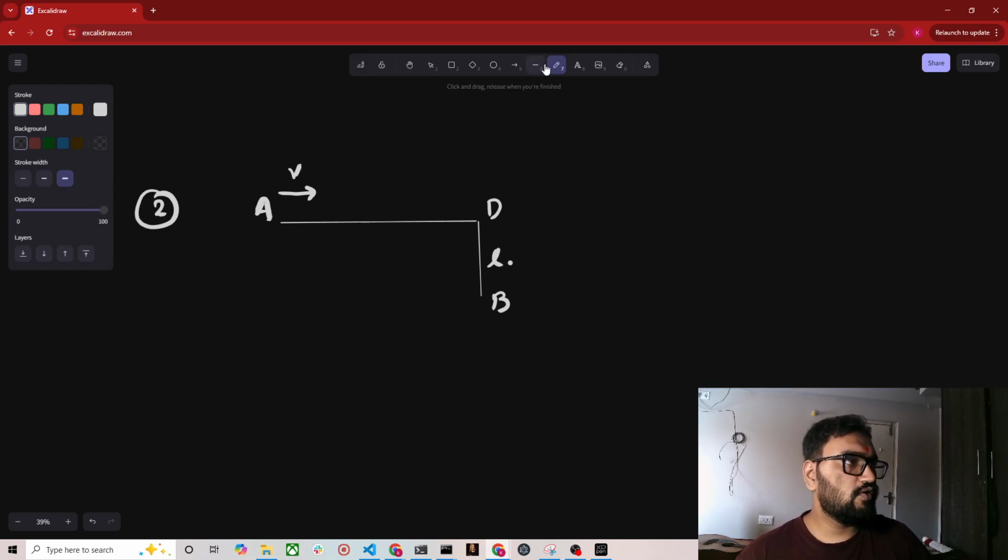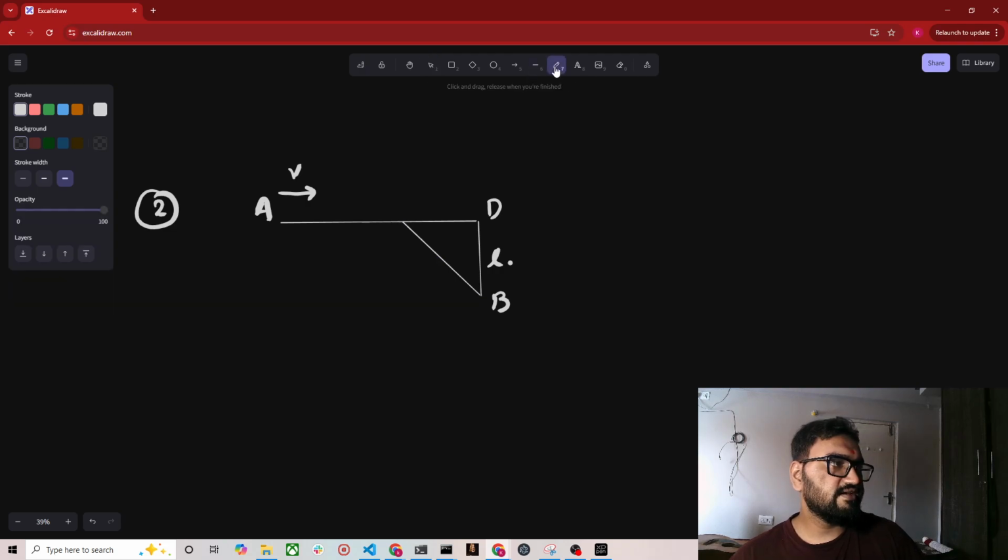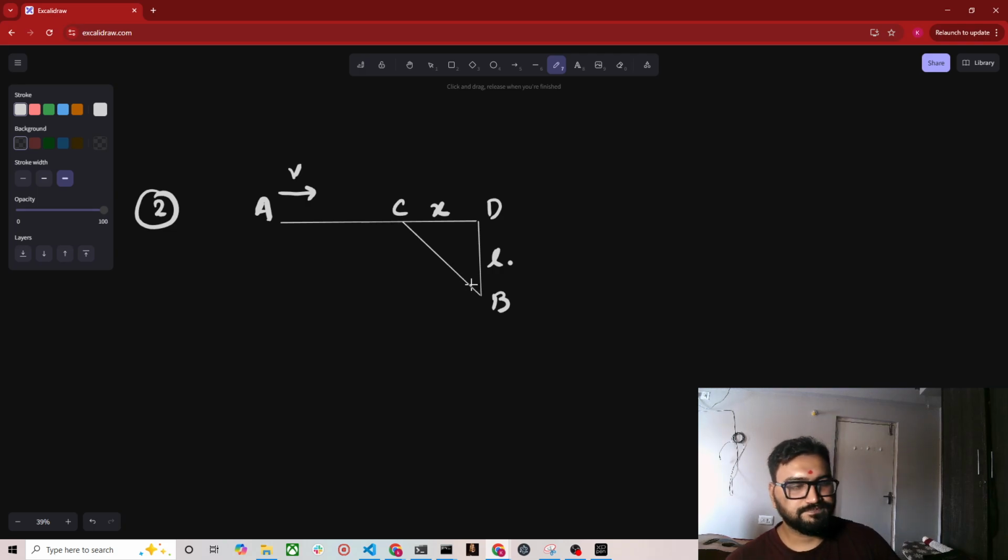Let's say he had to switch from the highway to the field at a distance x from point D. Let's say this is point C, where he switched from the highway to the field to reach point B. So we essentially need to find the distance at which the switching happens.